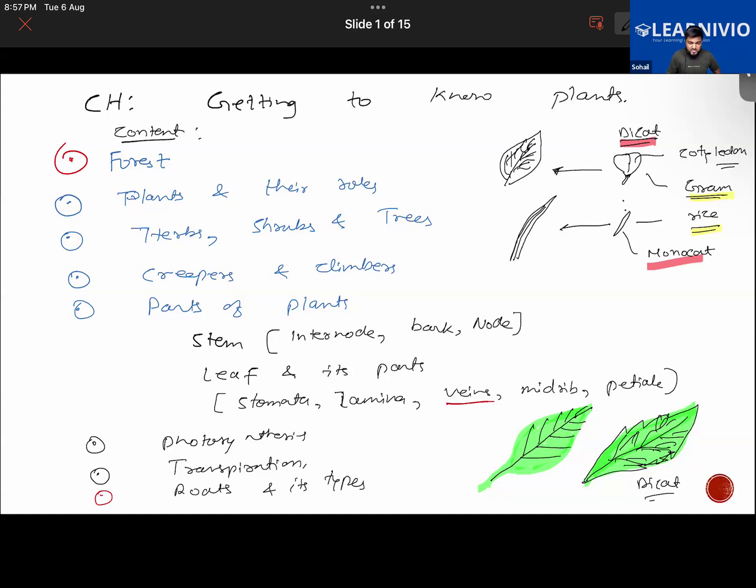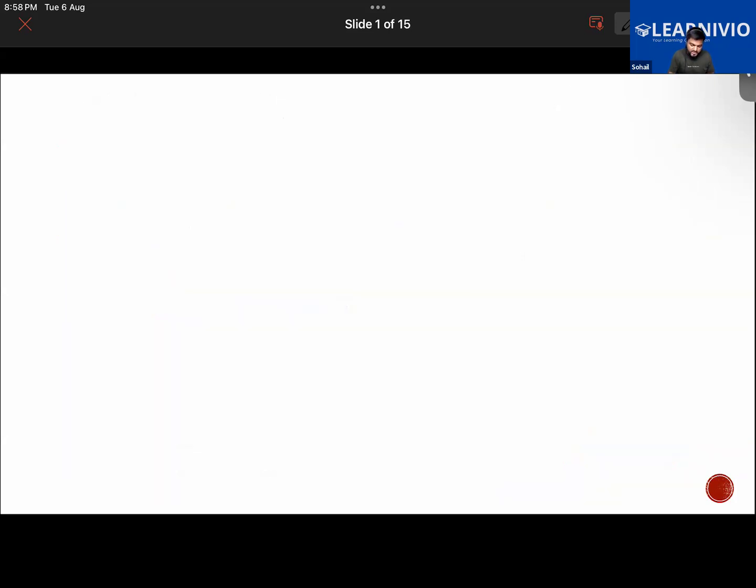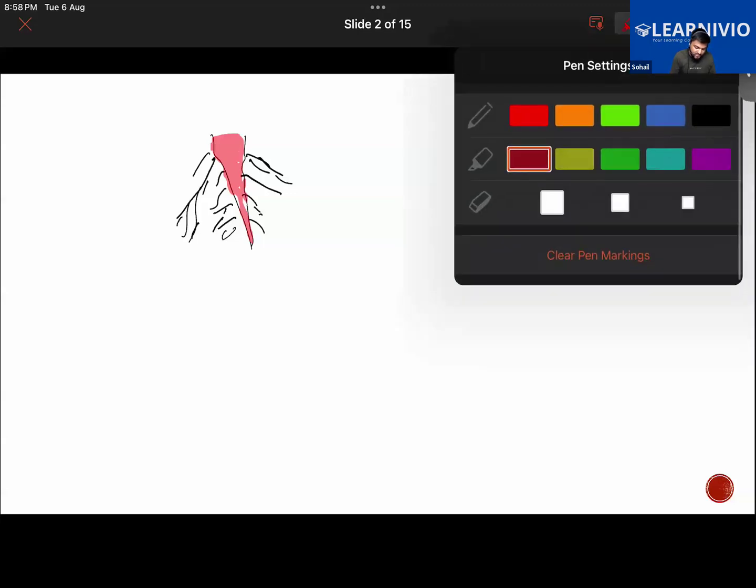But in some plants, like radish or carrot or chana, that is gram, there will be one main root, and so many tiny roots branching out of that main root.